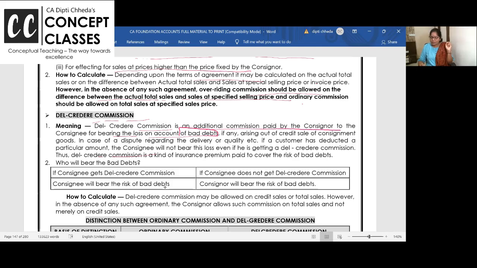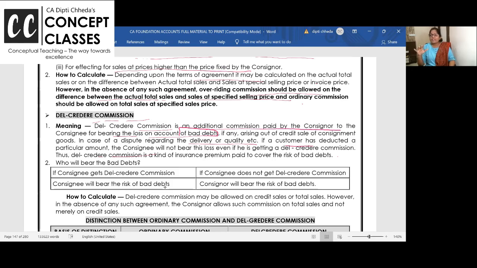In case of dispute regarding the delivery or quality, if a customer has deducted a particular amount, the consignee will not bear this loss even if he is getting a del credere commission. अगर quality ठीक नहीं है and all, then it is my responsibility.